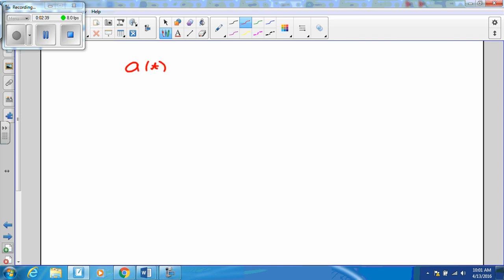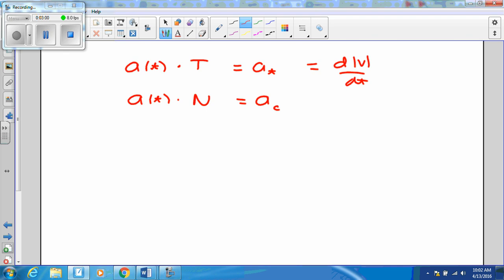If I have my acceleration vector, then if I create the dot product with the unit tangent vector, that gives me the tangential acceleration, which tells me the rate at which the speed is changing. And if, on the other hand, I create the dot product with the normal vector, then that gives me the centripetal acceleration, whose value is v squared over the radius of curvature.